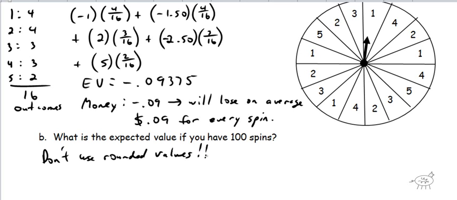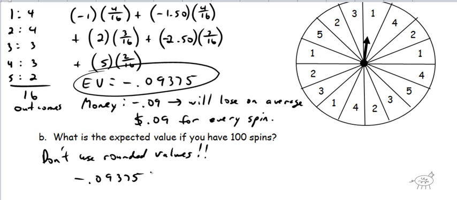So I'm going to use this number that I used right here, -0.09375. In fact, you're going to use a number that you have in your calculator, and you're going to multiply that by 100. And then you get -9.38. So you're going to lose $9.38 for 100 spins.